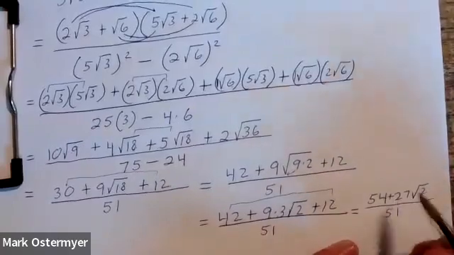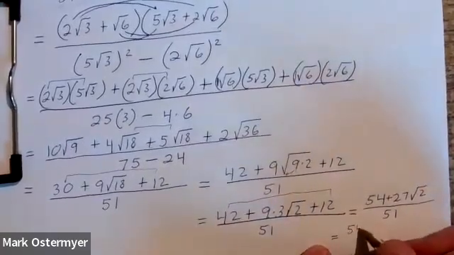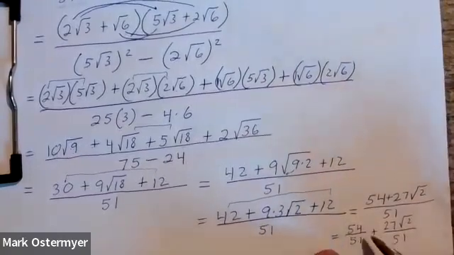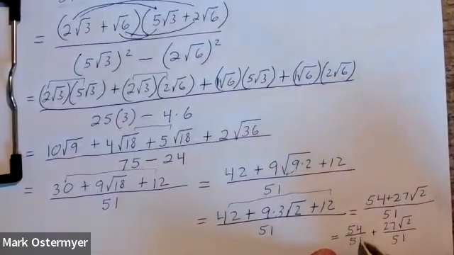This can be reduced here a little bit. We could split this up and put the 54 over the 51 plus, and then I can put this 27 square root of 2 over 51. And if nothing else, 3 divides into both 54 and 51. 3 divides into 54 18 times, and divides into 51 17 times.